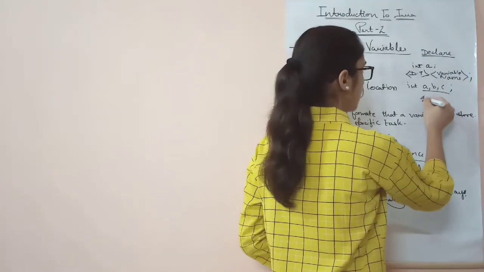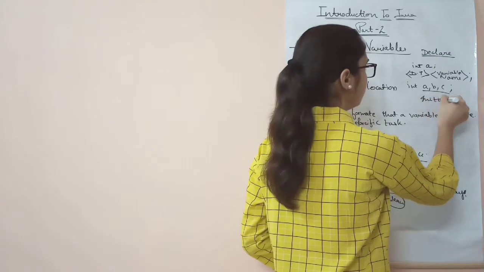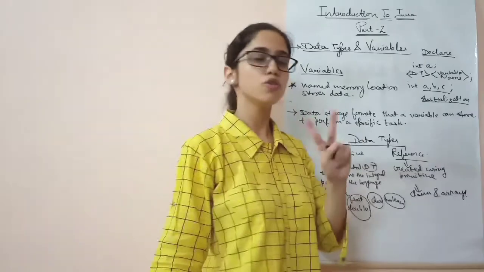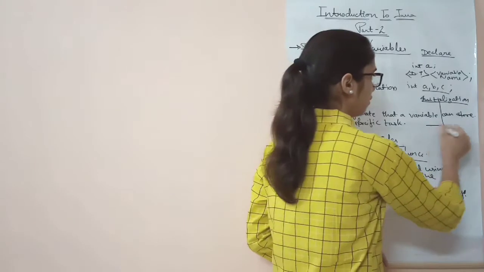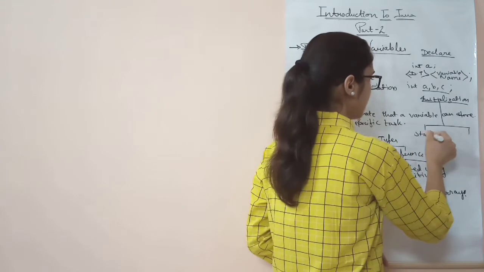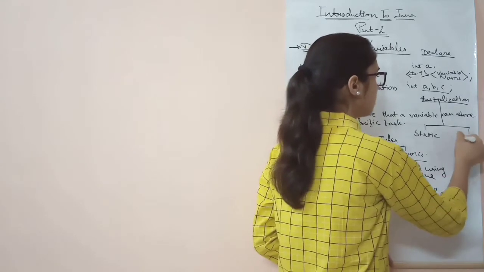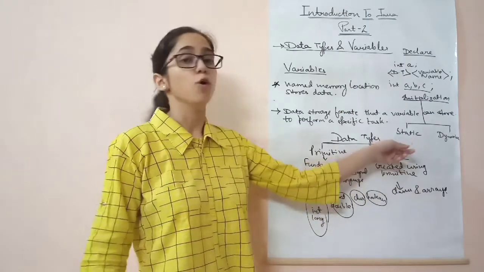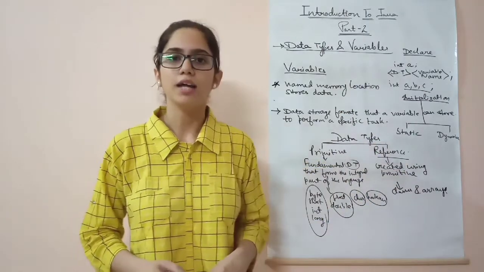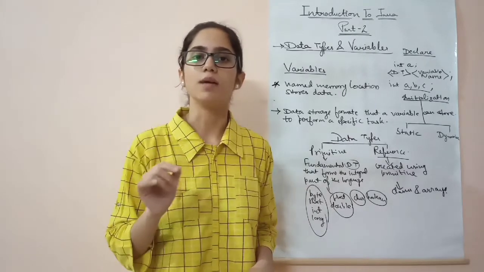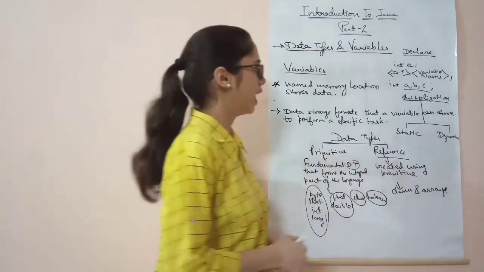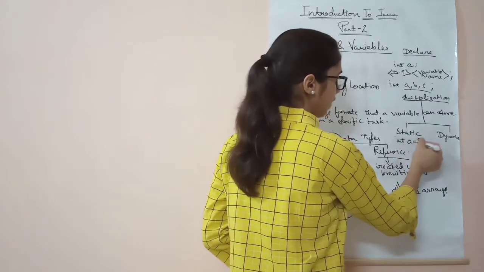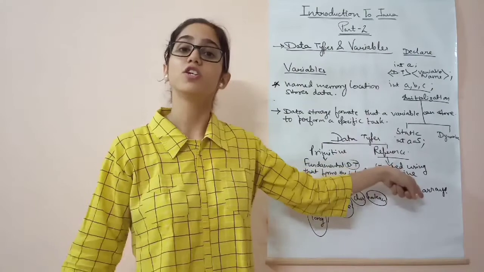Now comes the initialization. For initialization, there are 2 processes. First is static initialization, the next is dynamic initialization. Now by static initialization, I mean giving the value at the time of declaration itself. Like I declare a variable int a and I assign the value 5 to it at the time of declaration itself.